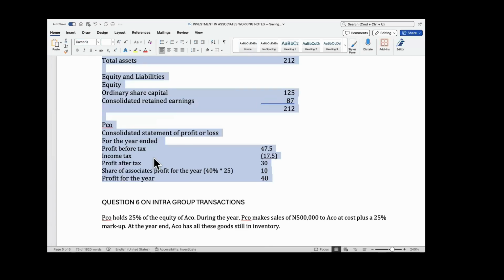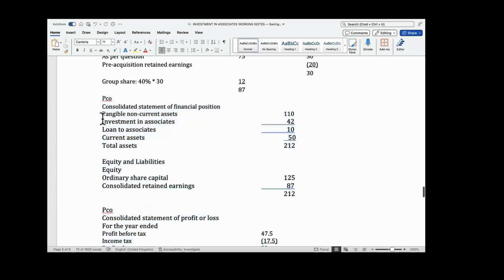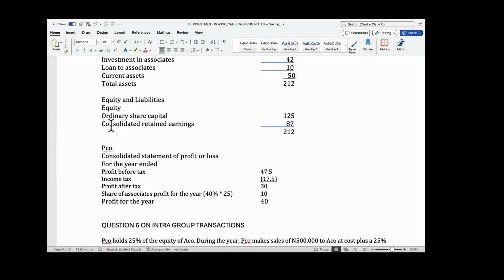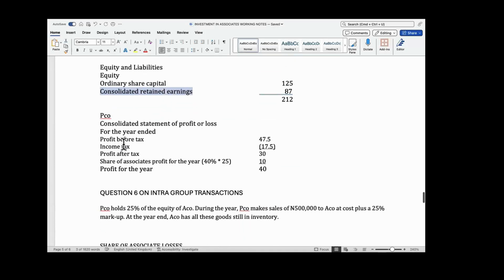All we did was just to include investment in associates at the carrying amount. And when we are doing our consolidated retained earnings, we also took our share of its retained earnings to add it to that of the parent. And in my P&L, I only did a one-line item to take share of the associate profit for the year.